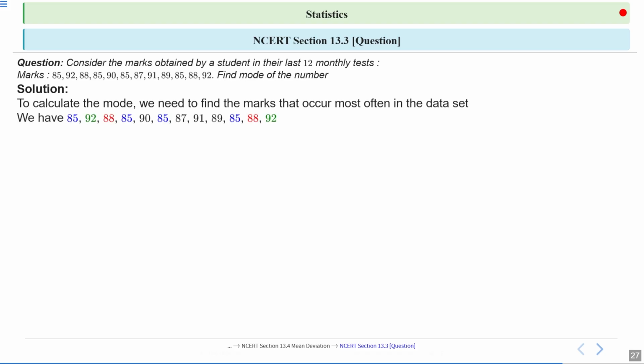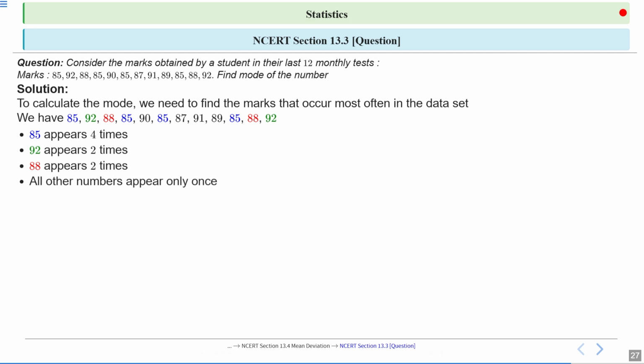So we have in the dataset 85, 92, 88, 85, 90, 85, 87, 91, 89, 85, 88, 92. Now count which number occurs most often. 85 occurs 4 times. 92 appears 2 times. 88 appears 2 times.